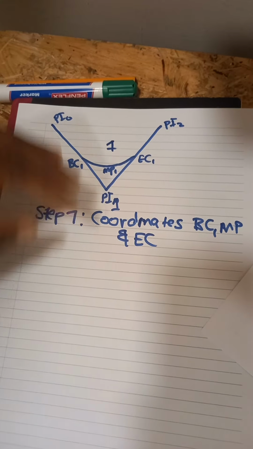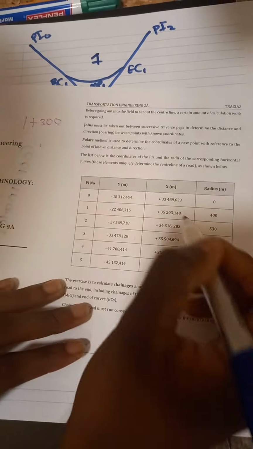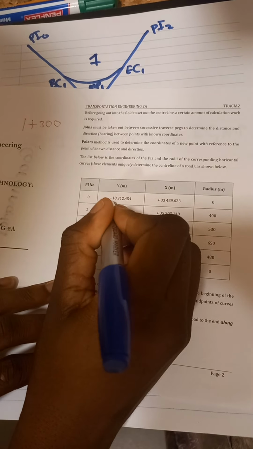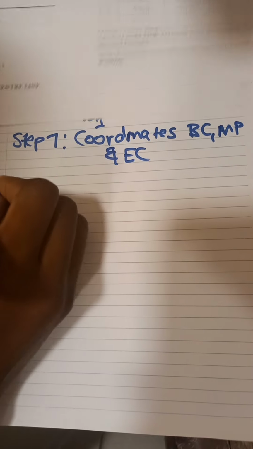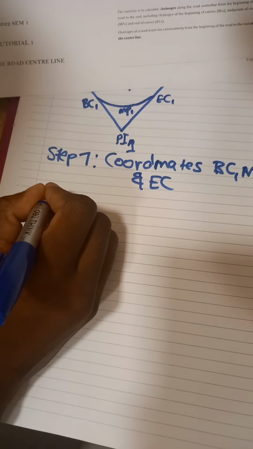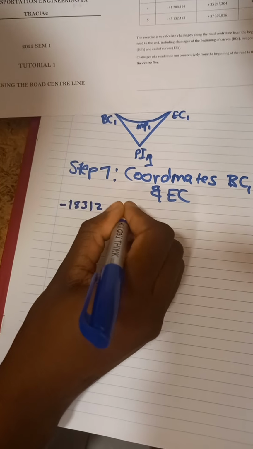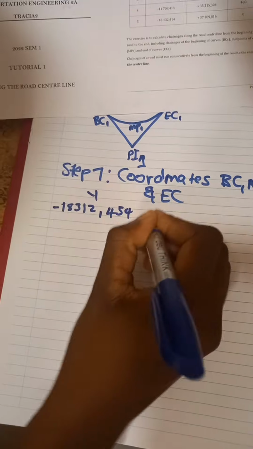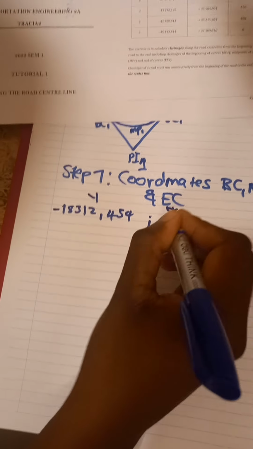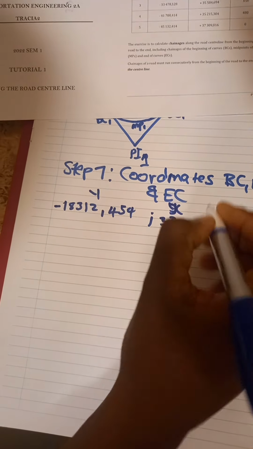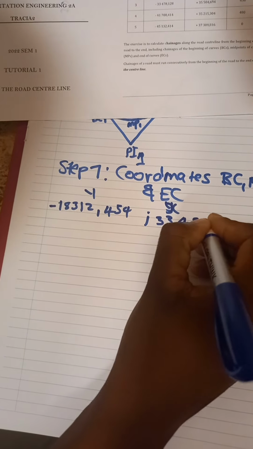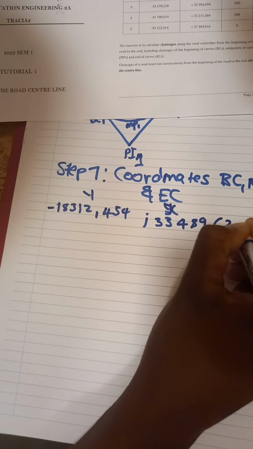We know from the question paper, we're given the coordinates of all the PIs. So PI 0 has these coordinates: y is negative 18312.454, and x is given as 33489.623.